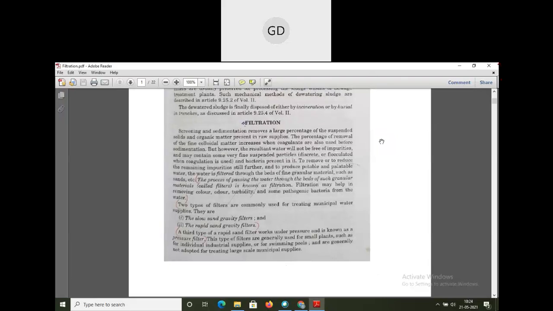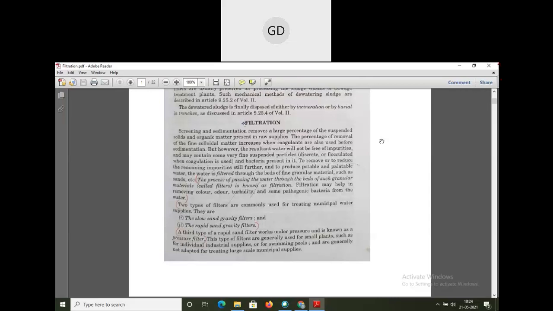Okay, so the last class we completed discussing sedimentation aided with coagulants, right? There we learned how you add coagulants to water to make the very fine suspended particles settle down by forming flocs.